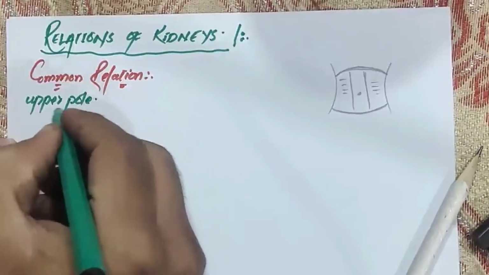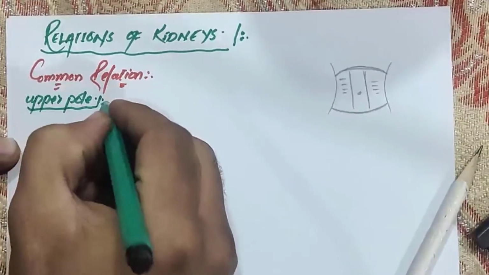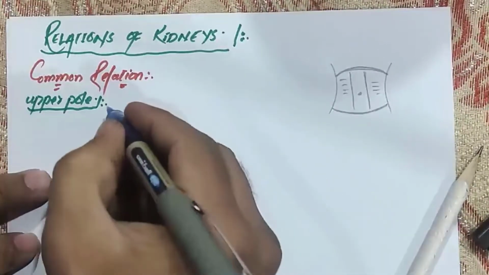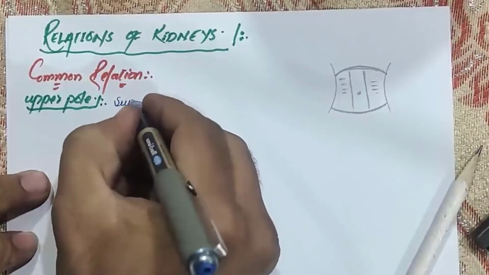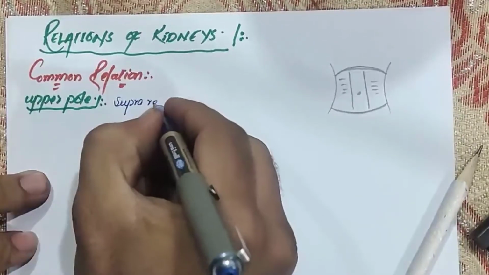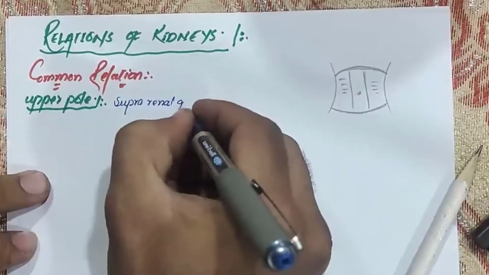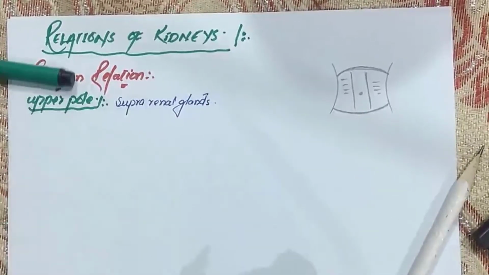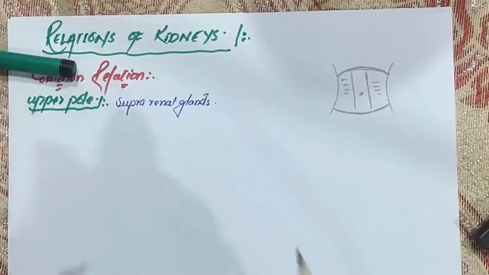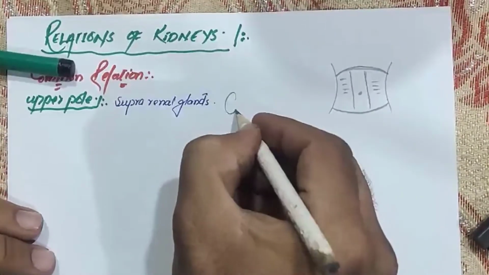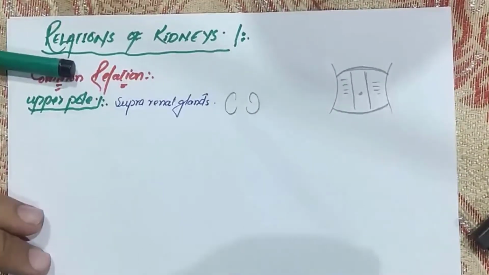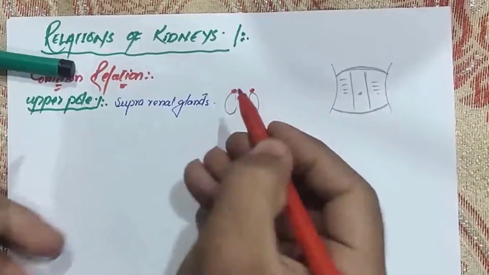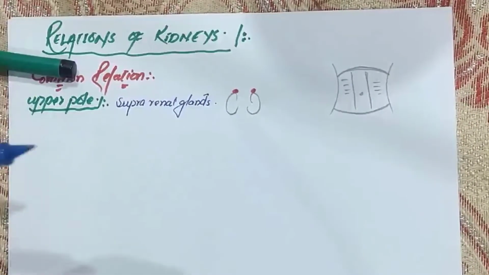In the upper pole of both kidneys there are suprarenal glands, which we also call the adrenal glands. Above both kidneys there are suprarenal glands, on the right kidney as well as on the left kidney. So this is a common relation to them.